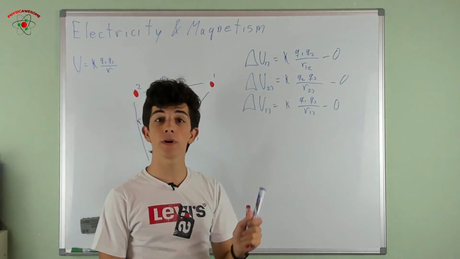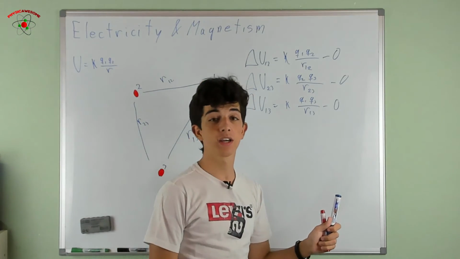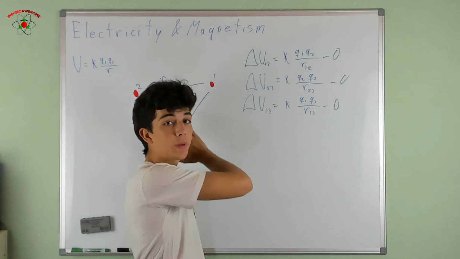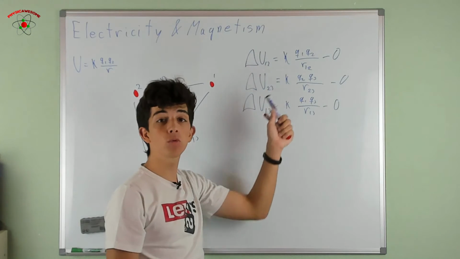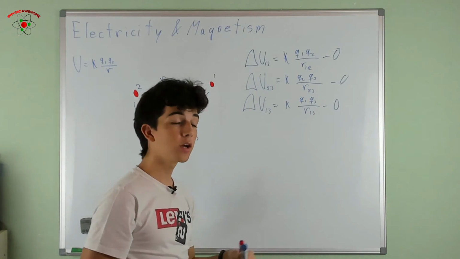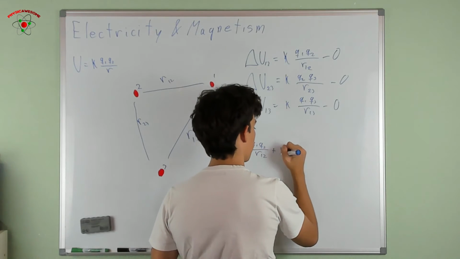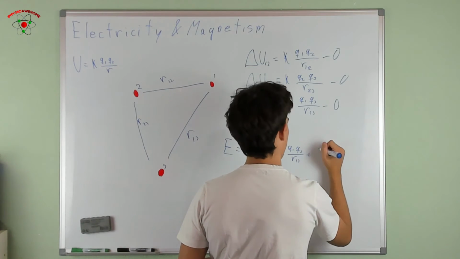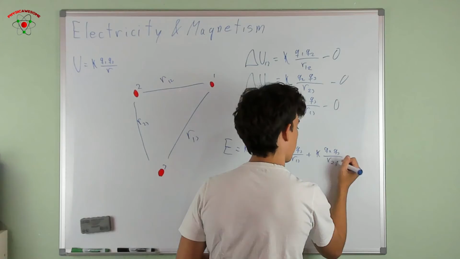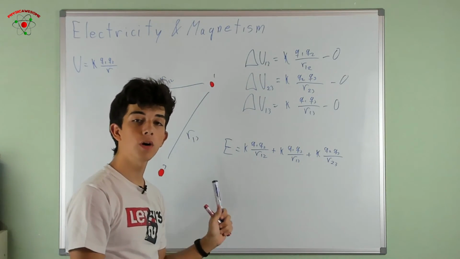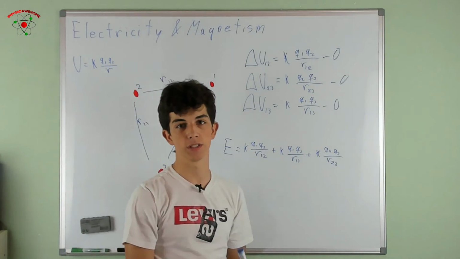Knowing this, we find that the configuration energy, that is the energy required to build this system, is going to be equal to the sum of these three, and this is the energy required to build our system.